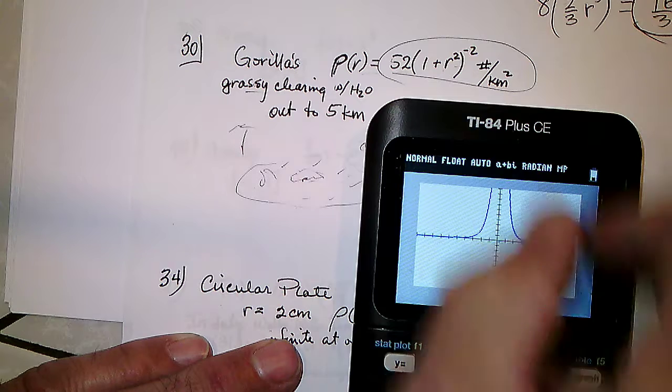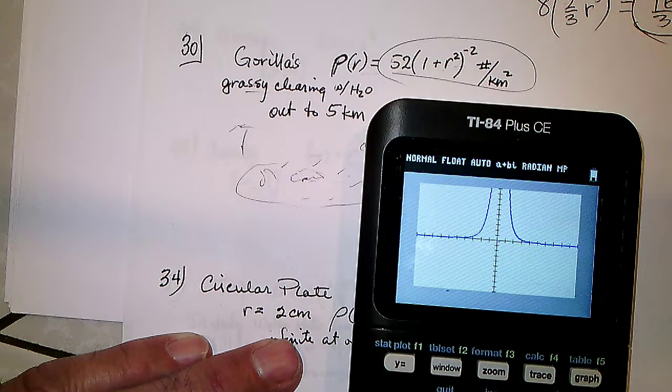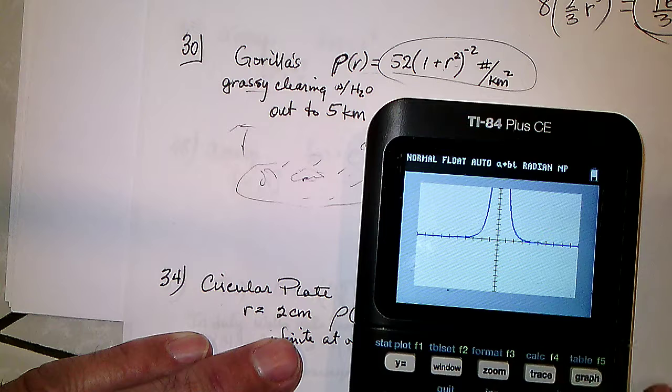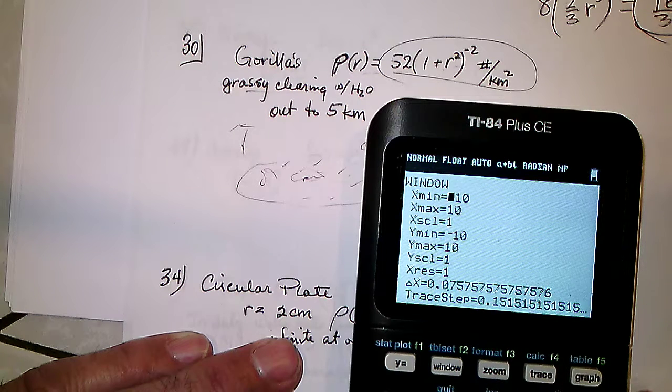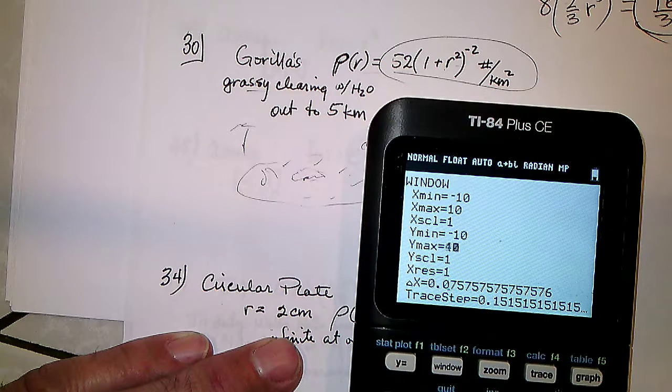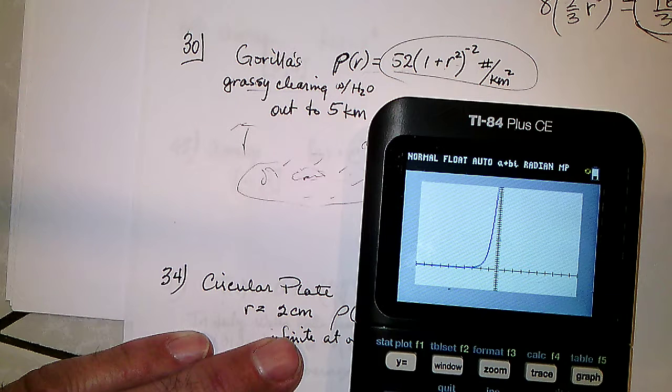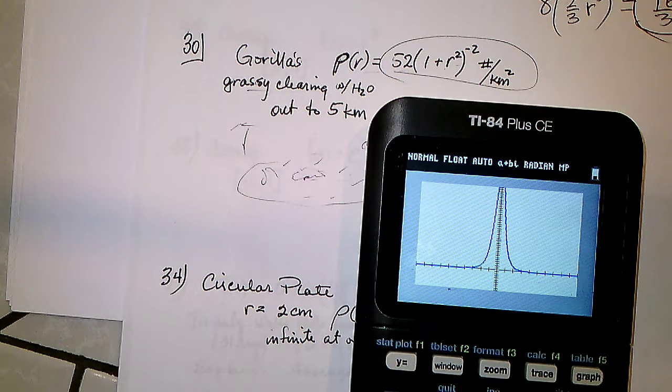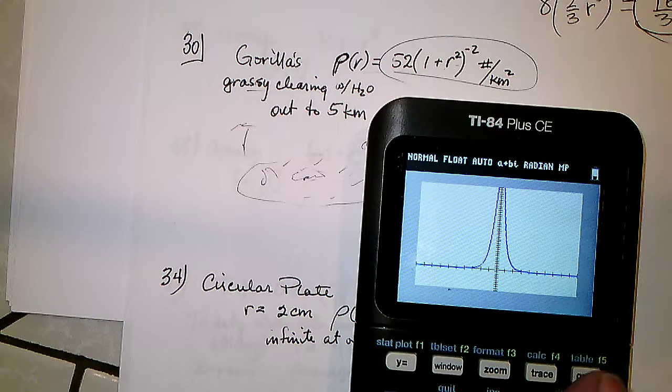Dense real close and gets less dense as you move out. I could go a little higher here. Looks like it might get up to 50, so let's put 40 as the max. Graph gets up to 52, it looks like. But you get the idea?